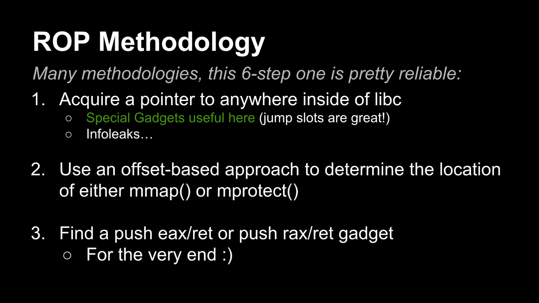Step 2. Use an offset-based approach to determine the location of either mmap or mprotect within libc. 3. Find a push EAX, then ret, or push RAX, then ret gadget, and you will need this for the very end.